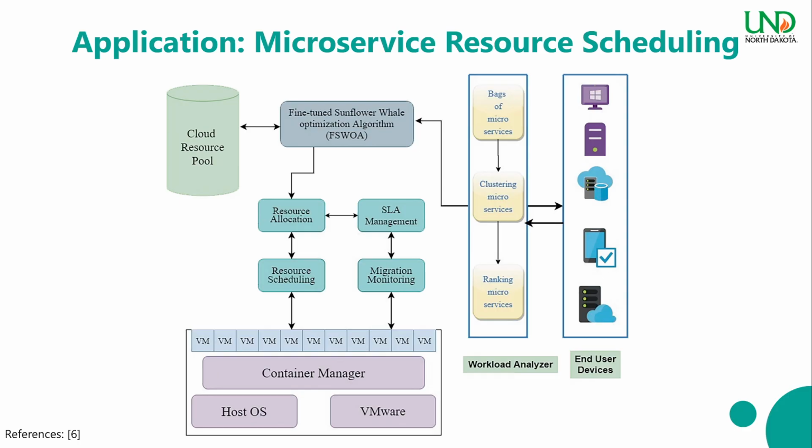SLA being the service level, like how much time you have to respond to an event. So the diagram is showing where the WOA optimization algorithm fits into the real world microservice system.